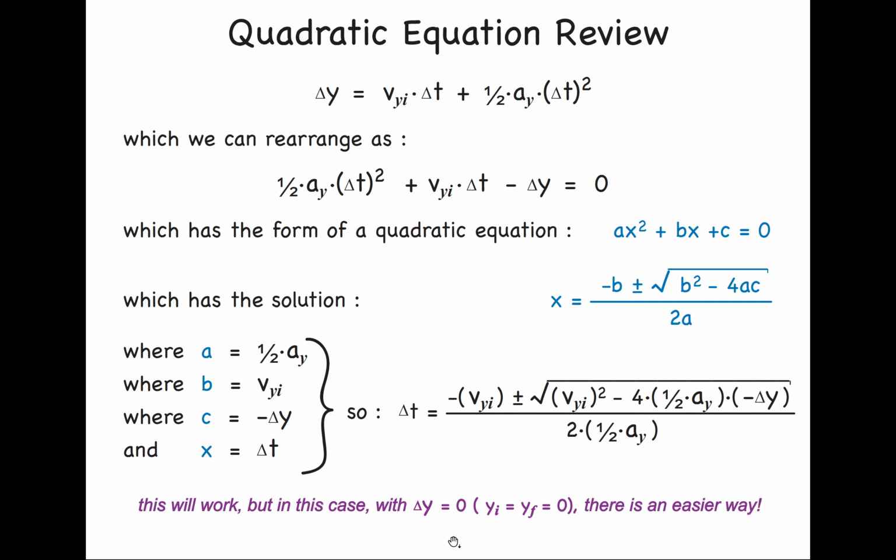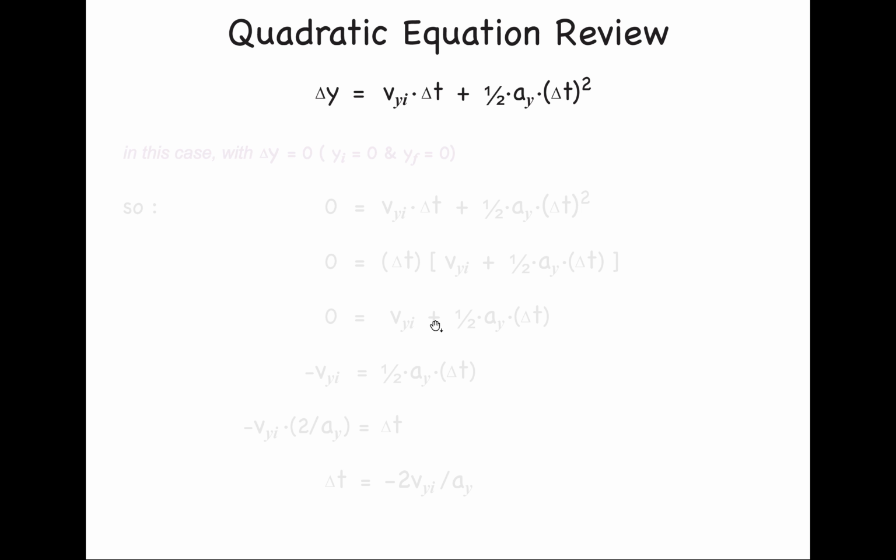But in this case, because delta y between the final and initial conditions is 0, they're all the same. And because delta y is 0, this simplifies to this equation, right?